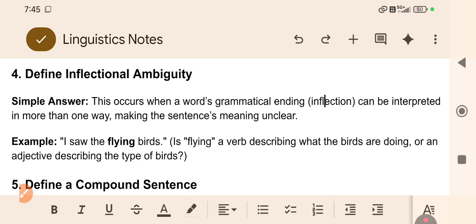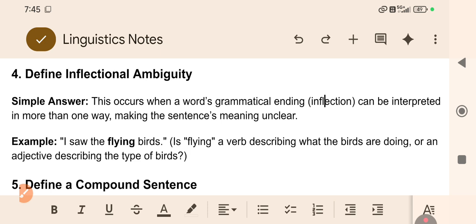This occurs when a word's grammatical ending can be interpreted in more than one way, making the sentence meaning unclear. Either the sentence meaning is not clear, or there is more than one interpretation, right? So then inflectional ambiguity comes. Inflectional and derivational, right?